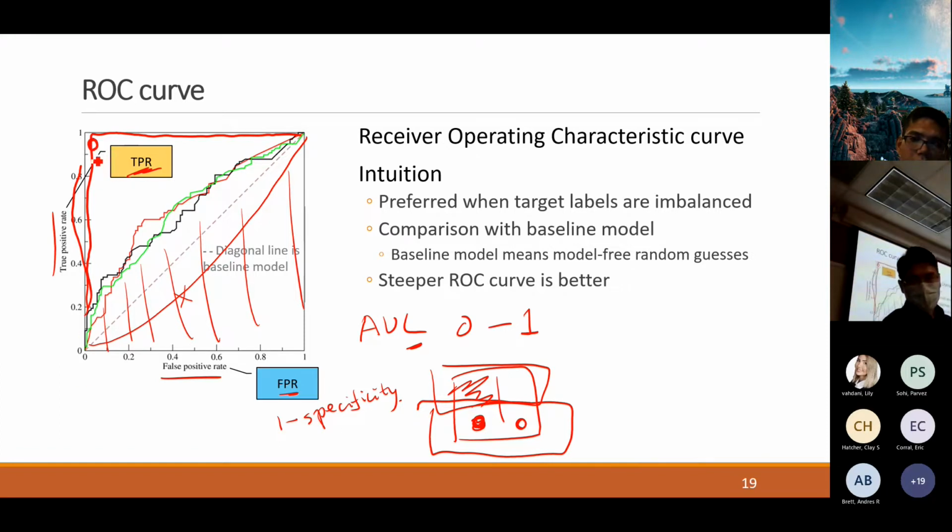This model would describe a high recall, and low what? Low false positive rate, or low opposite of the specificity, which means high specificity. 1 minus specificity is low, almost 0, but that means specificity is high.